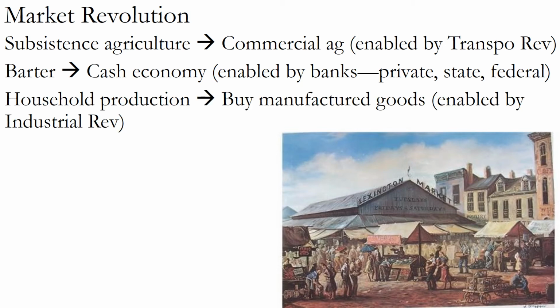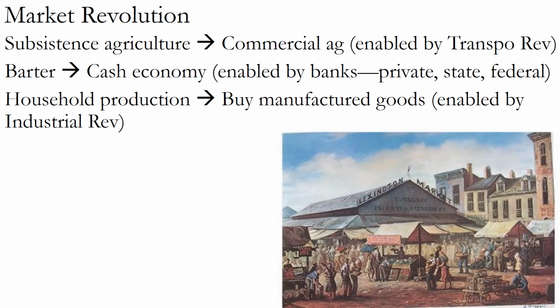The third major shift in the market revolution is a shift from household production. That is, before the market revolution, most people made what they needed at home. Women, for example, spent much of their lives spinning cloth and then making clothes because they couldn't afford to buy clothes.